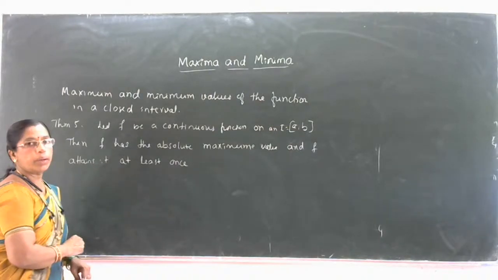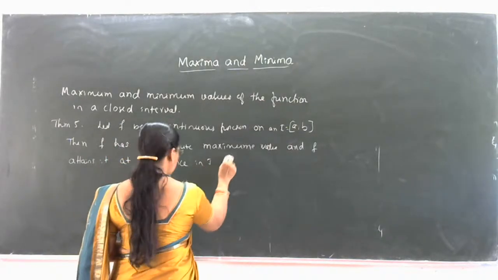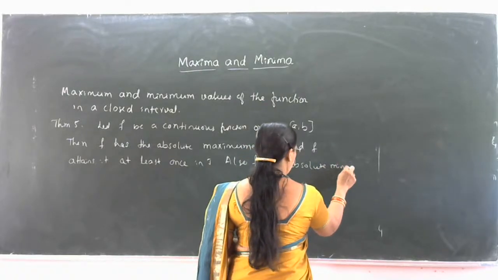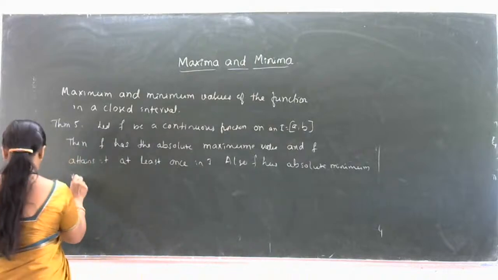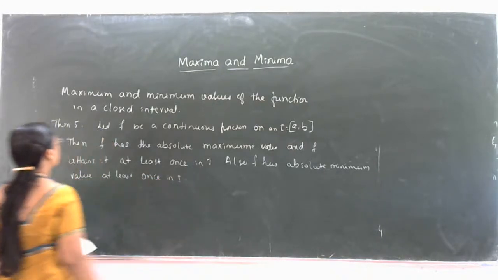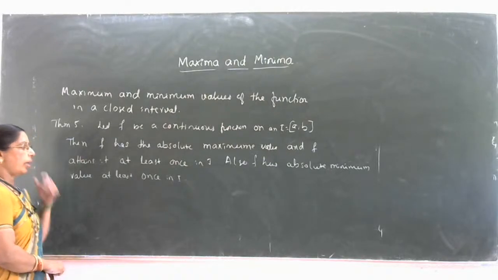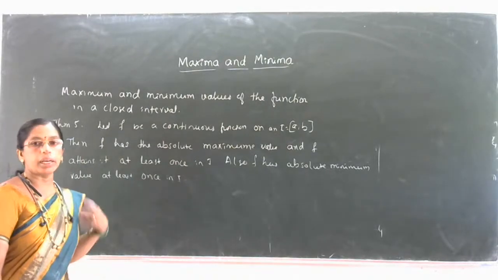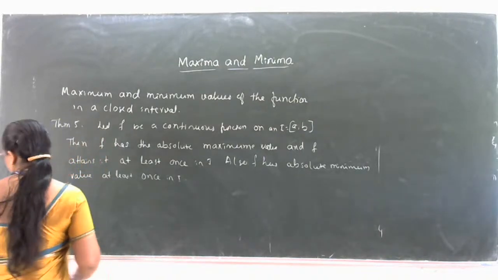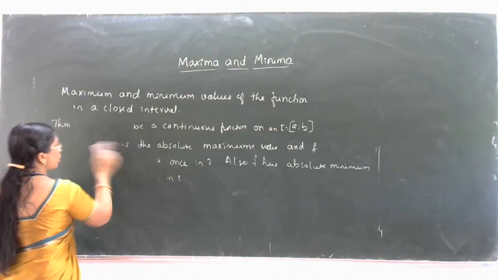F attains its maximum at least once in I. Also, f has absolute minimum value at least once in I. Therefore, let f be a continuous function on a closed interval AB, then f has an absolute maximum value and f attains it at least once, and in the same way f has an absolute minimum attained at least once in I. Theorem 5 is this, and theorem 6 is also there.